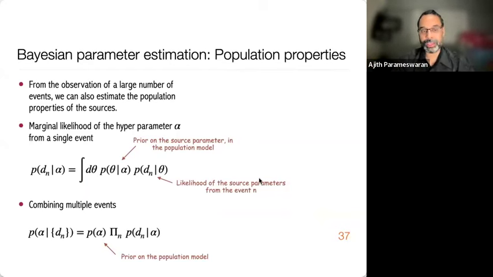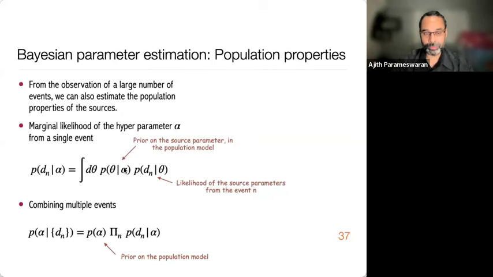So here, the idea is that your hypothesis is that there is some model of the mass and redshift distribution of these binary black holes. And it has a set of parameters called alpha. So a choice of alpha will give you an astrophysical model, and it gives you a given distribution of the masses, spins, their redshifts, etc. And so there's a conditional prior here.